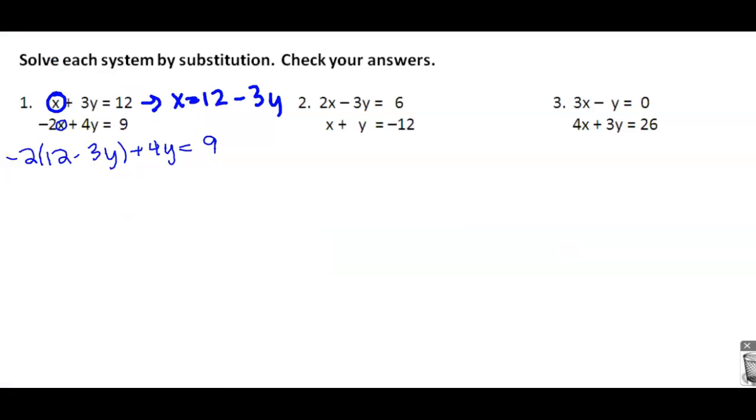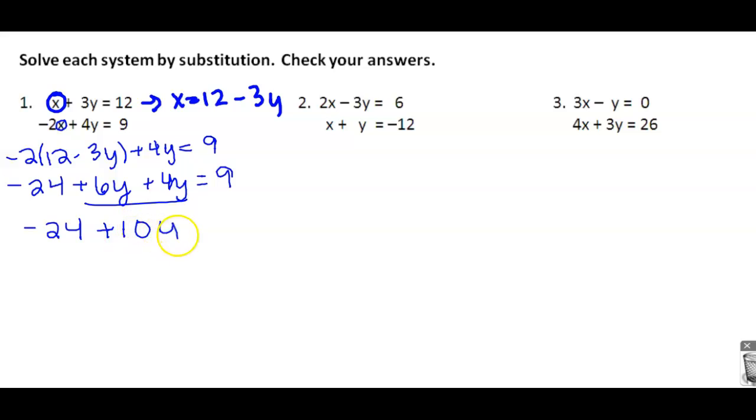You get negative 24. Negative times a negative is a positive 6y plus 4y equals 9. 6 plus 4 is 10. So you get negative 24 plus 10y equals 9.